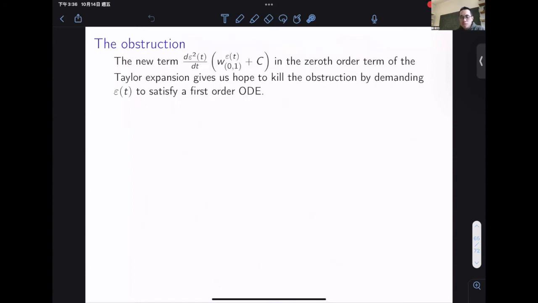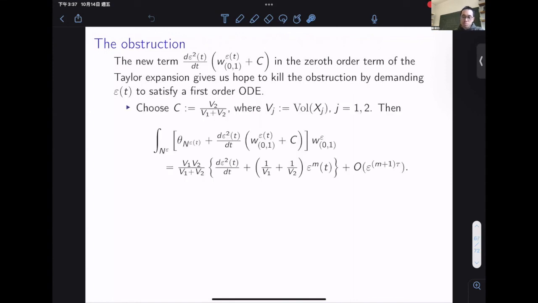So again, we need to see if we can do the perturbation. Yeah, like the special Lagrangian case. But now we get a new term here, which is the zeroth order term of C. So this gives us hope to kill the obstruction by demanding epsilon(t) to satisfy a first order ODE. So to see this, again, we project the zeroth order term to the first eigenspace as before.